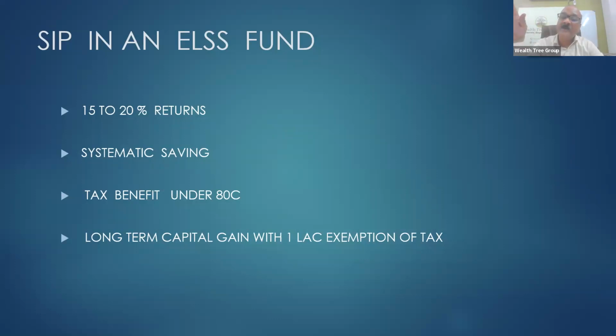Still, you don't have to pay the tax, because under long-term capital gain tax, 1 lakh is the exemption available. Beyond 1 lakh, suppose you are making 2 lakhs out of this 60,000 you have invested in this scheme, then you have to pay tax on the 40,000, only 10% long-term capital gain tax. In this way, this is a very effective, good investment, where you can make returns and also get the exemption under 80C.